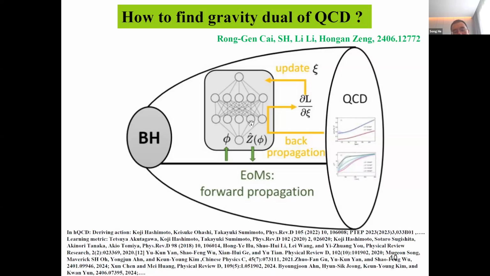Once we know roughly the global structure of this holographic model, we replace this unknown functional with a neural network.